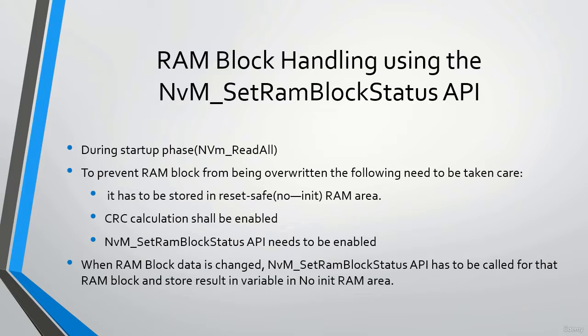Once all these three steps are fulfilled, let's look at what happens. When the RAM block data is changed, we will be able to call the NvM_SetRamBlockStatus API for the RAM block, and then we can store the result variable in the no init RAM area.